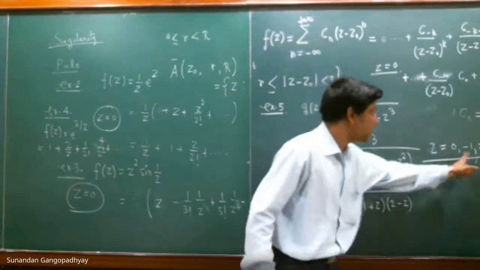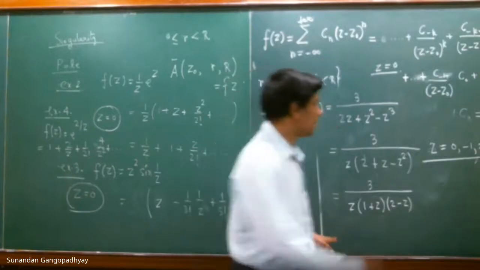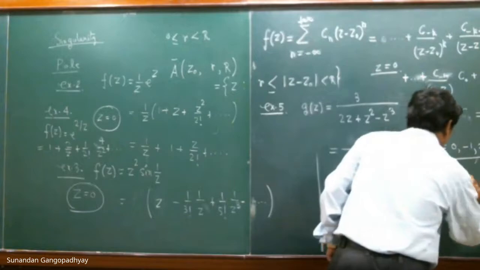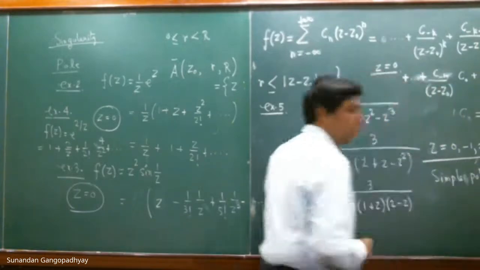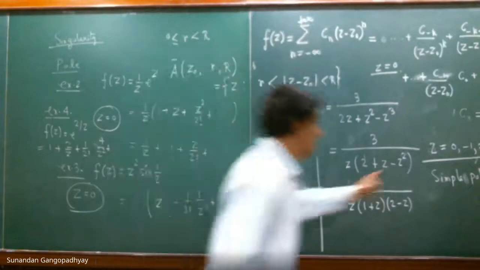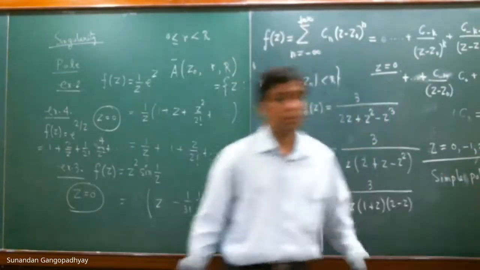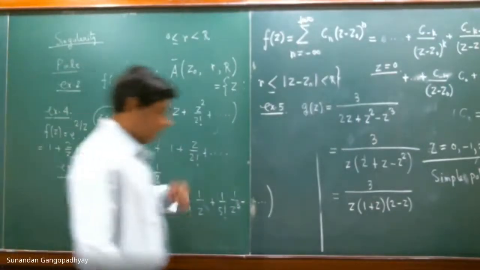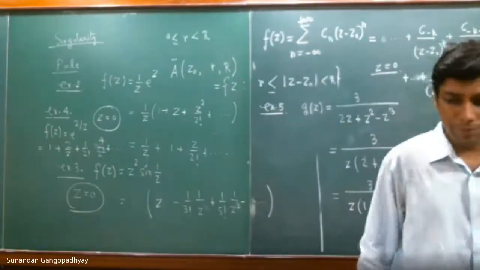These are all simple poles, so poles of order 1. These are the points where the singularities are, and the singularities are all simple poles. Is this point clear? Are these examples clear to you?